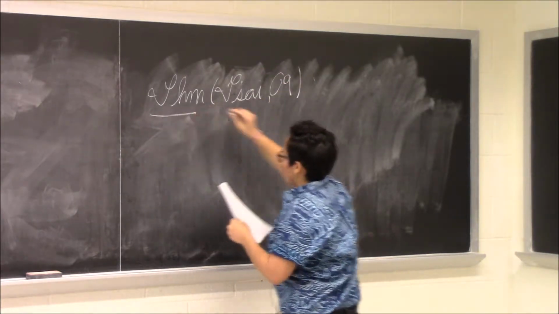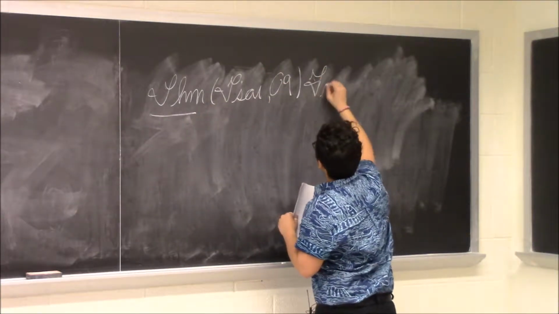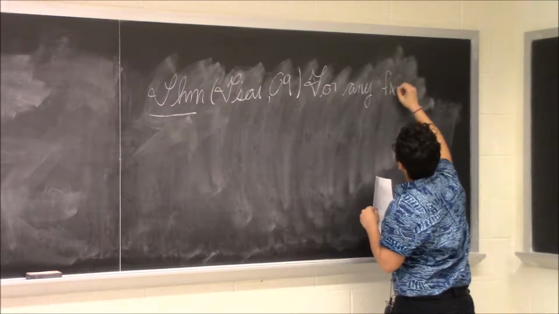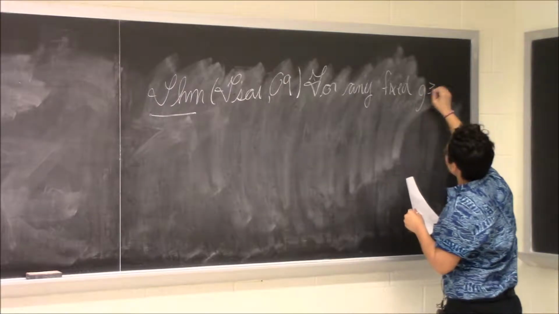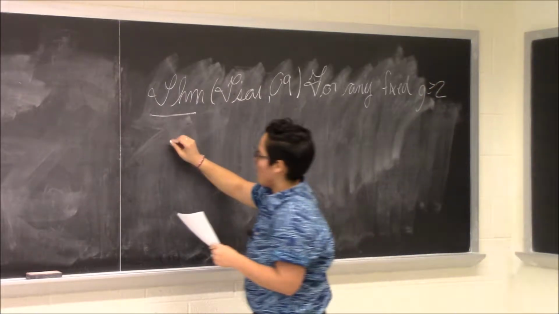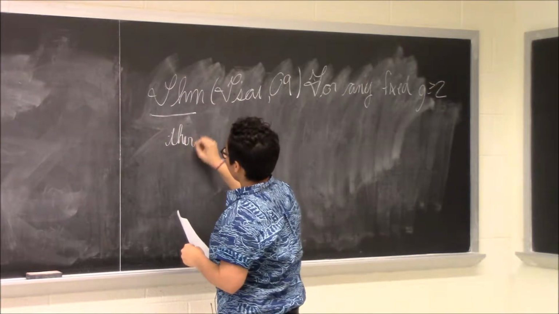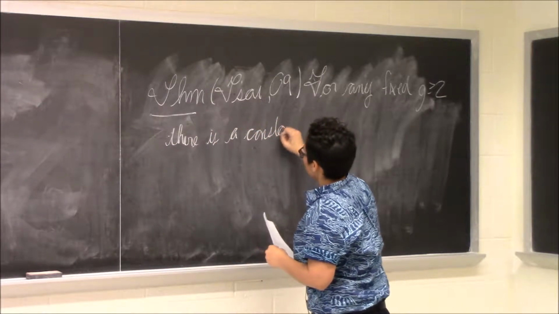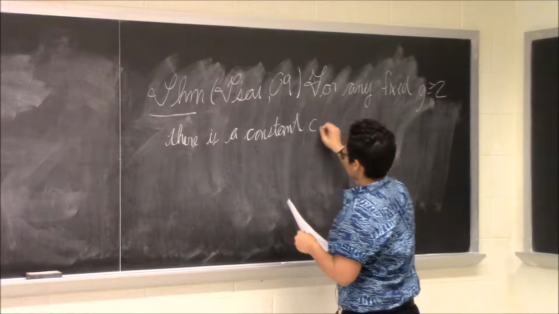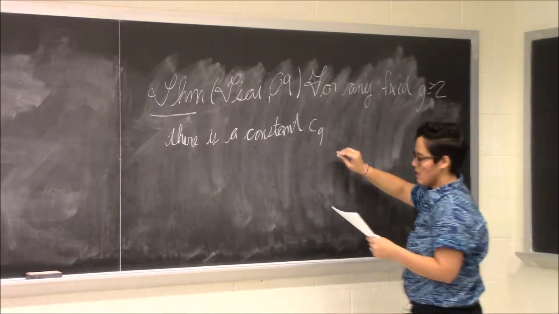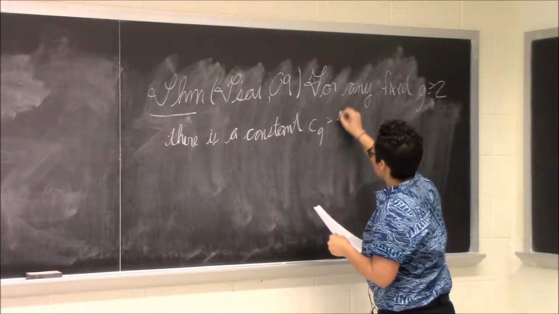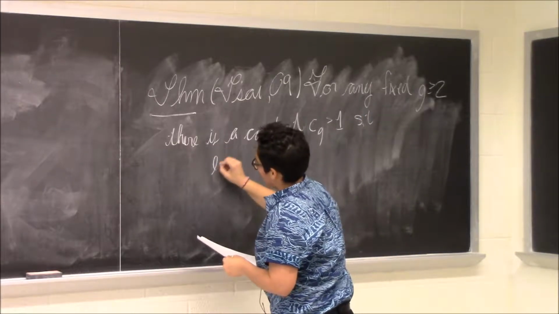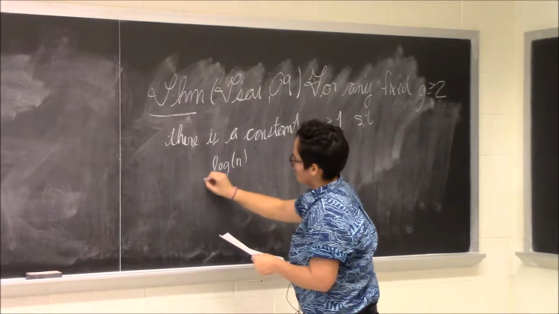And what she showed is that for any fixed G, of course greater than or equal to 2, there is a constant, which I'll just denote C sub G, to denote that it's relying on G, greater than 1, such that we have the following bounds on the least dilatation of the punctured surface.